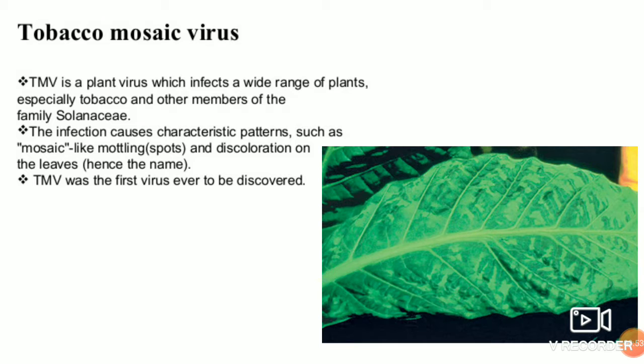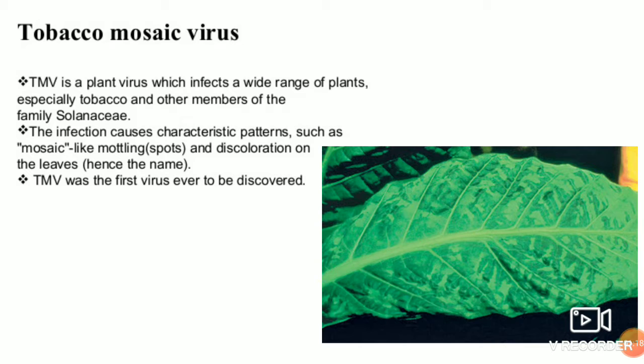Later on, people started to isolate the TMV virus, and it was Stanley in 1935 who crystallized the virus for the first time, for which he was a Nobel Prize winner. Further, electron micrograph pictures were taken and it was identified.